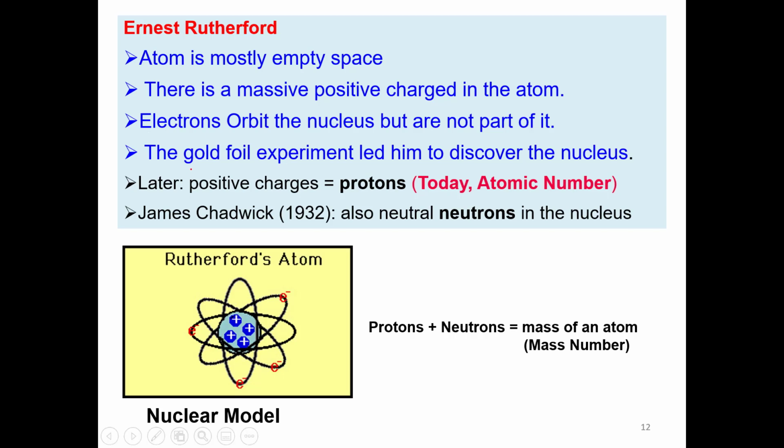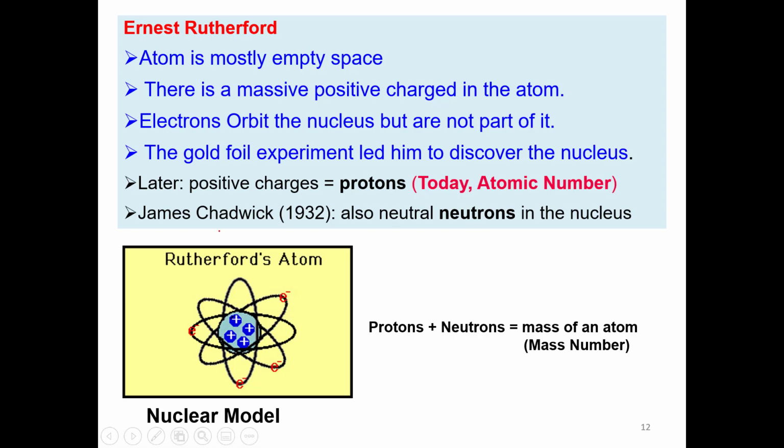And finally, the gold foil experiment led him to discover the nucleus, as the massive positive charge in the atoms was the nucleus. Later, the protons were discovered and the neutrons were also discovered.